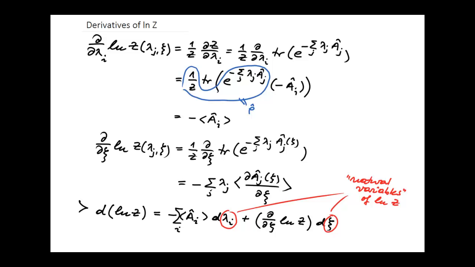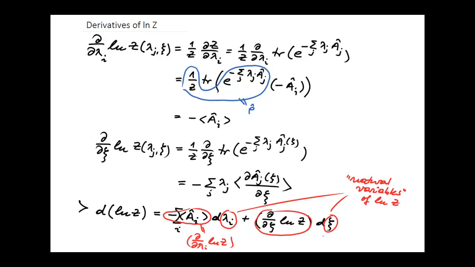And what you have in front, in this case the minus AI, is d over d lambda I of log z, keeping all other natural variables fixed. And the same here. This is, of course, also keeping all other natural variables fixed. This is d log z over d psi.